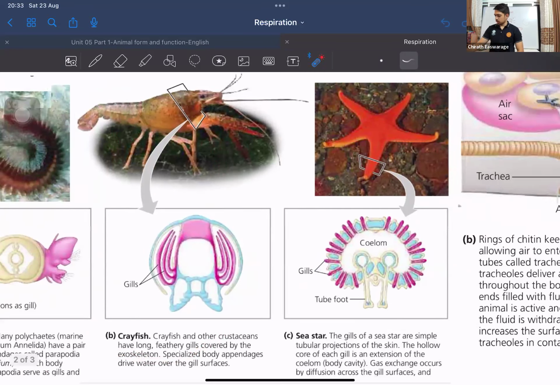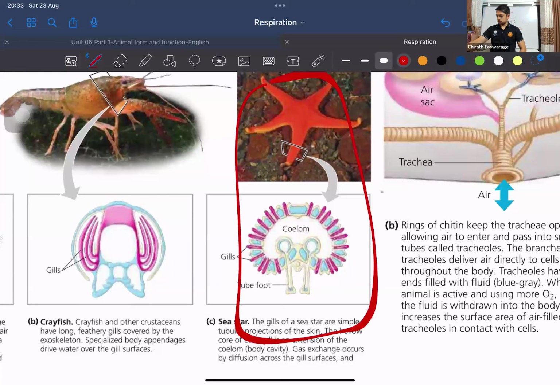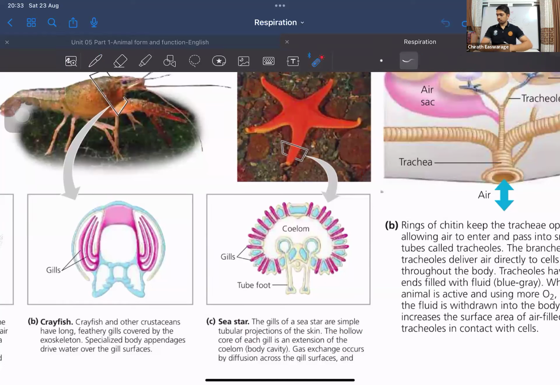Then your sea star, what is the phylum of the starfish? Echinodermata, right?